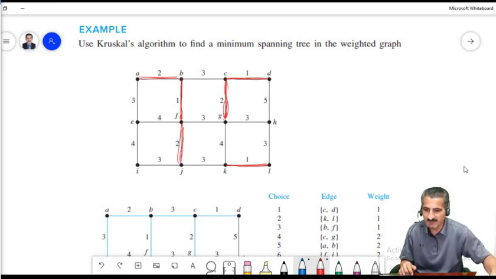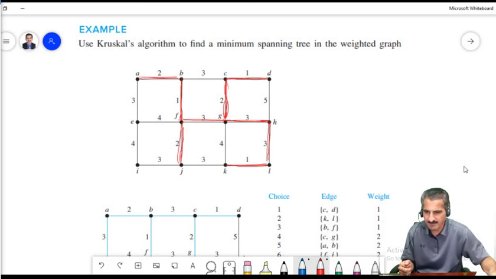But we have edges of weight 3, and we can take, okay, we'll take that. We will also take this. And now we will take any one of these. We will take that. We have too many edges with weight 3.